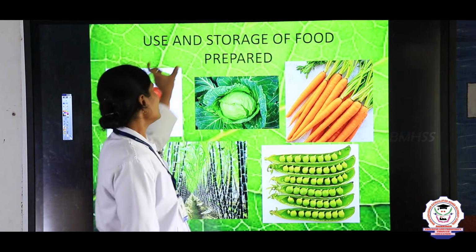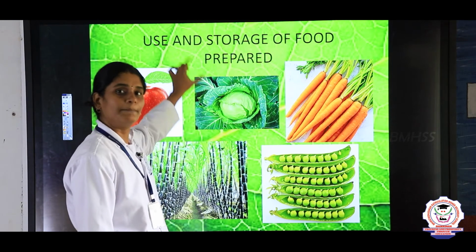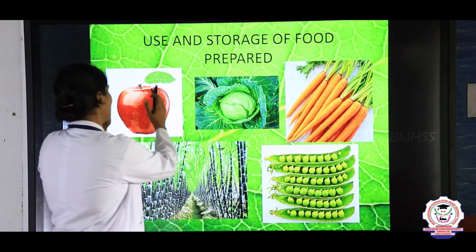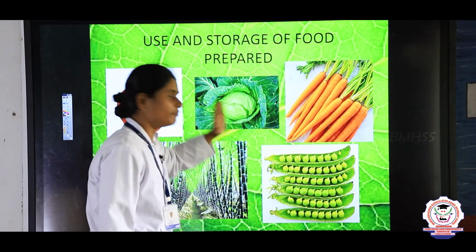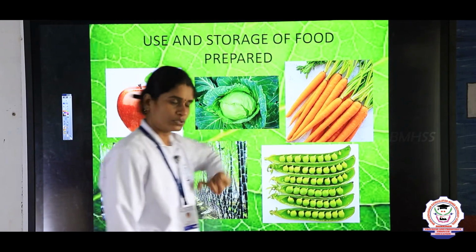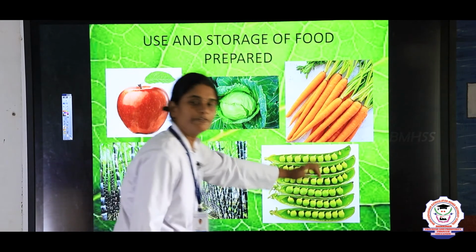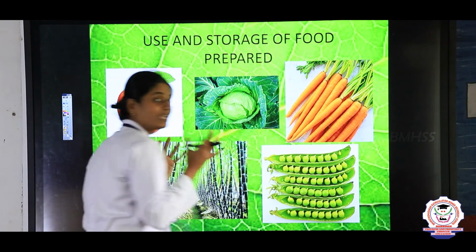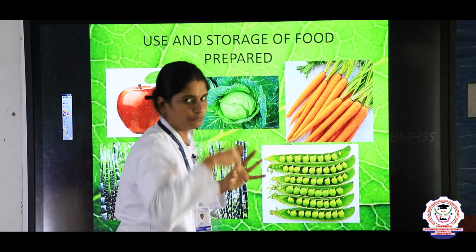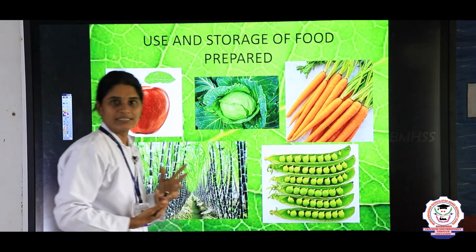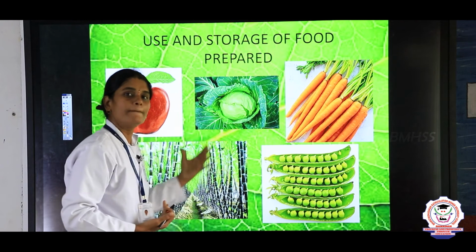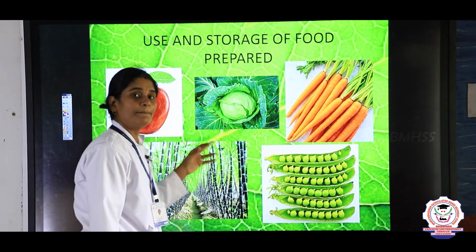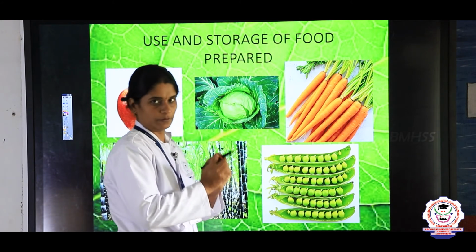The food that the plants prepared can be stored in the form of fruits, vegetables, roots, stem, and seeds, right. In these materials we can see the plant has stored the food. That is why we eat the plant sources, right. We get the plant sources from the plant. So, these are all the parts of the plant where the plants store the food, right.